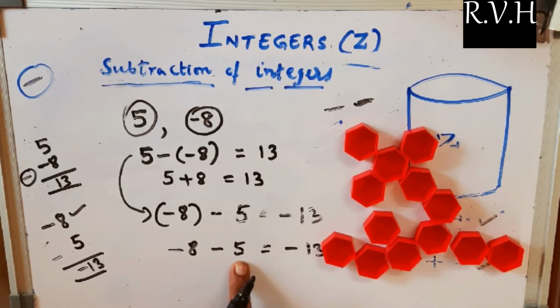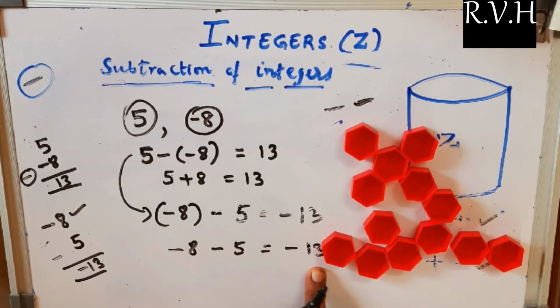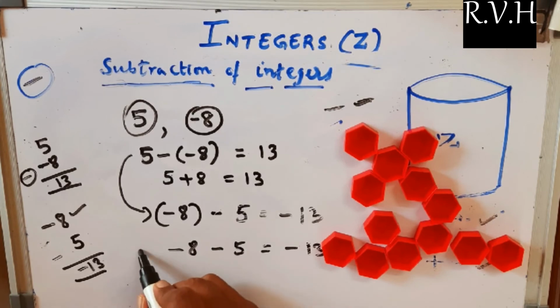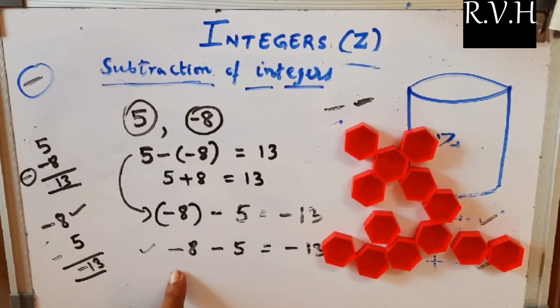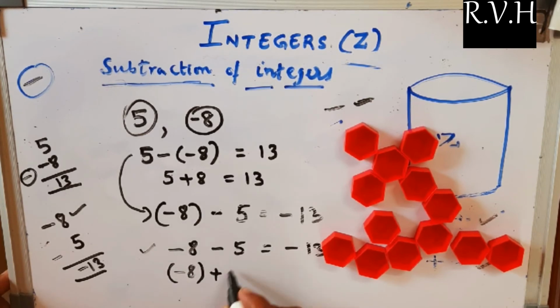Here minus 8 minus 5 means minus 13, not plus 13, because we are adding minus. Based on the context we use. Carefully observe the context and write the answer. Minus 8 minus 5 is nothing but minus 13. Right? So remember all these things. This is the same as minus 8 plus minus 5. That's why it is minus 13.